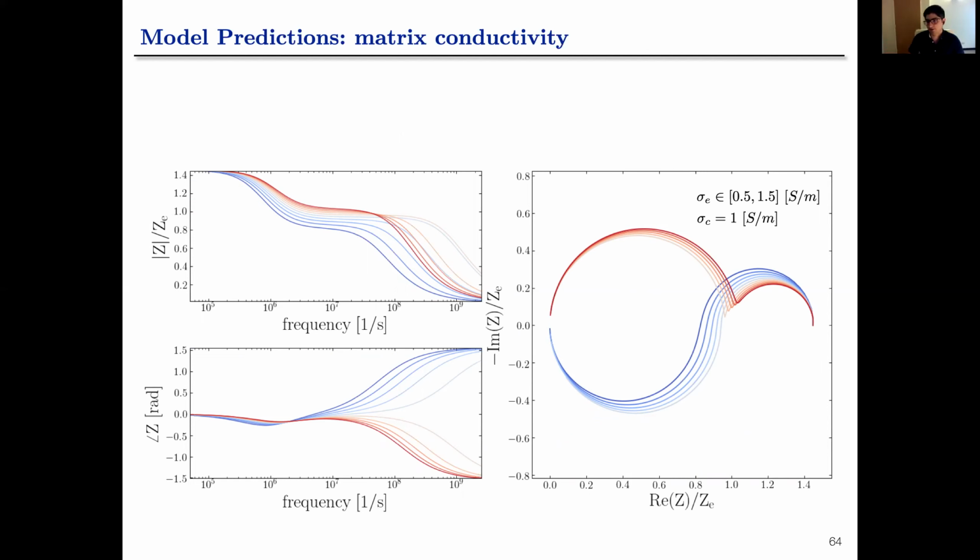Of course, when the matrix is less conductive than the cytoplasm, you expect to get a qualitatively different behavior than when sigma E is bigger than sigma C. And that's exactly what happens. We see there's this inversion in the imaginary part of the impedance with respect to the real part when we go from smaller values of conductivity for the matrix to higher values.